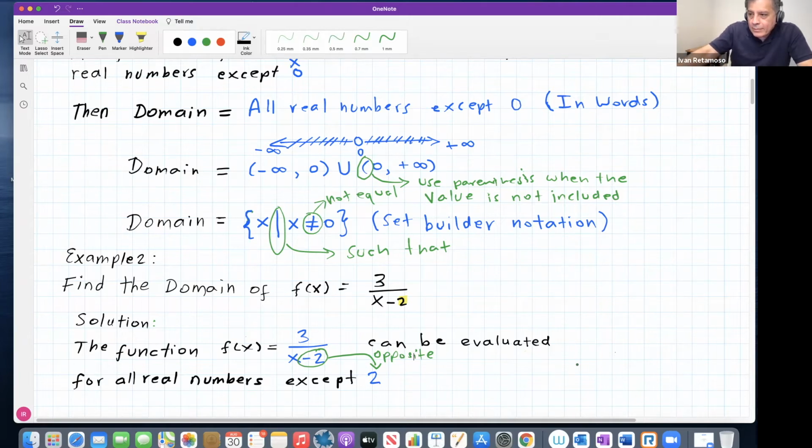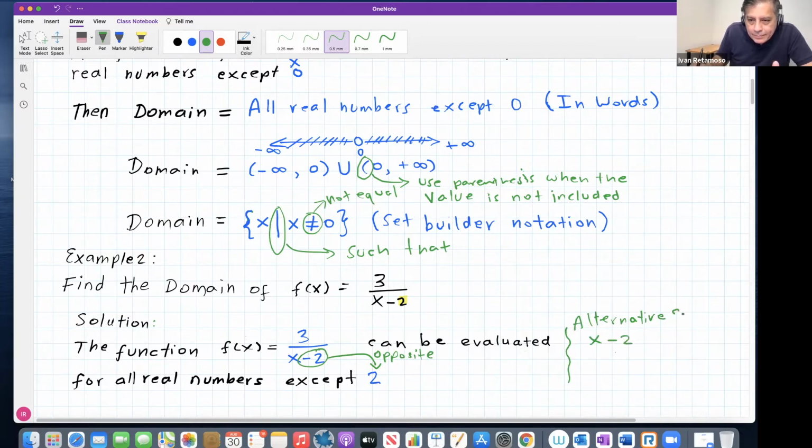Now, sometimes when I do this, someone says, Professor, is there any alternative besides looking at the opposite? Yes, an alternative, and it's a good alternative whenever the denominator is complicated.